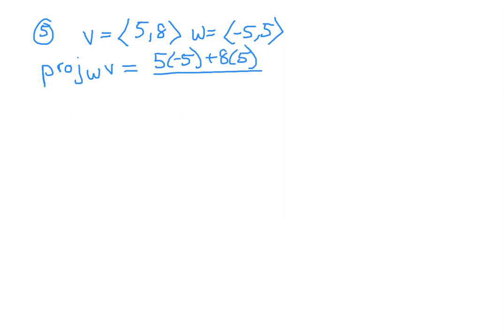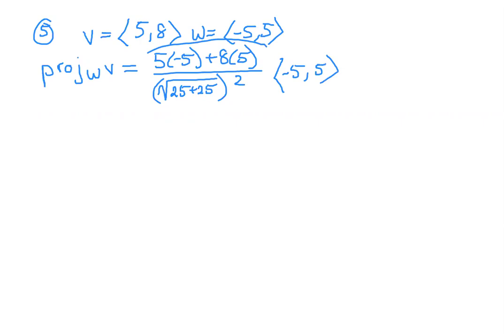And then on the bottom is the square of the magnitude of W. So this is going to be 25 plus 25, and then we multiply that by W.